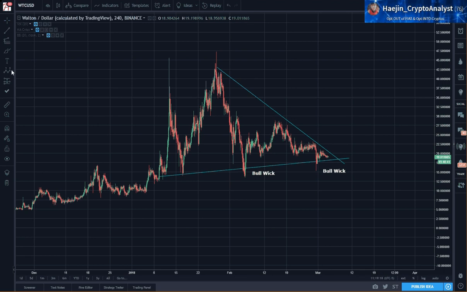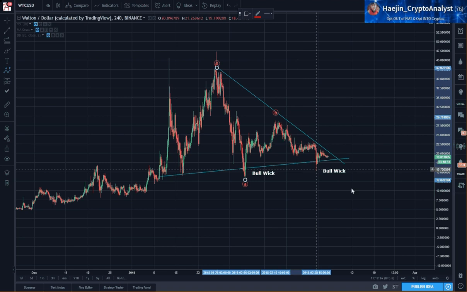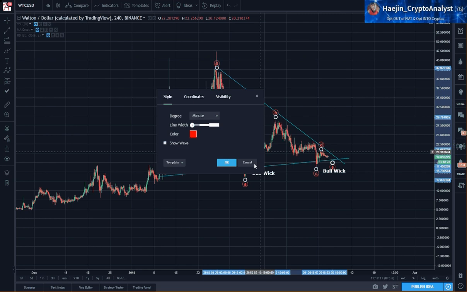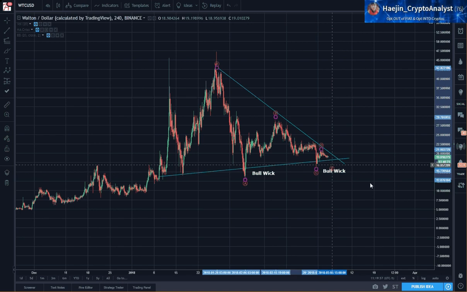This triangle could be labeled as an ABCDE, A, B, C, D, and E. So what does that mean? It's potential to have it almost complete.